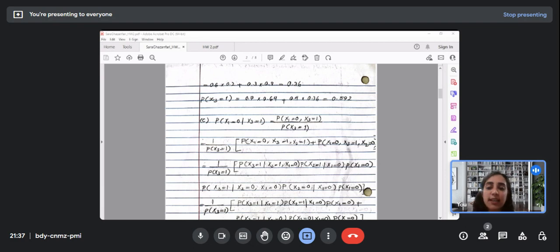In part C, we have written the probability of x1 equal to 0 given x3 equals 1. In this part, we need to change this probability so that we can write down the answer.